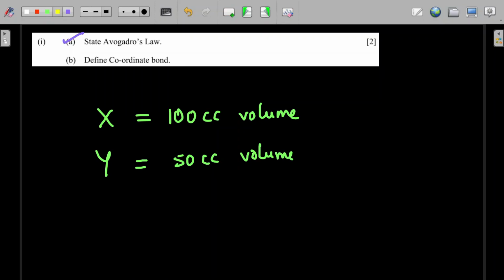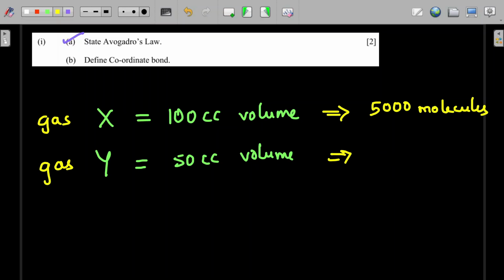Now they have given us that gas X has 5,000 molecules. What will be the number of molecules in gas Y?